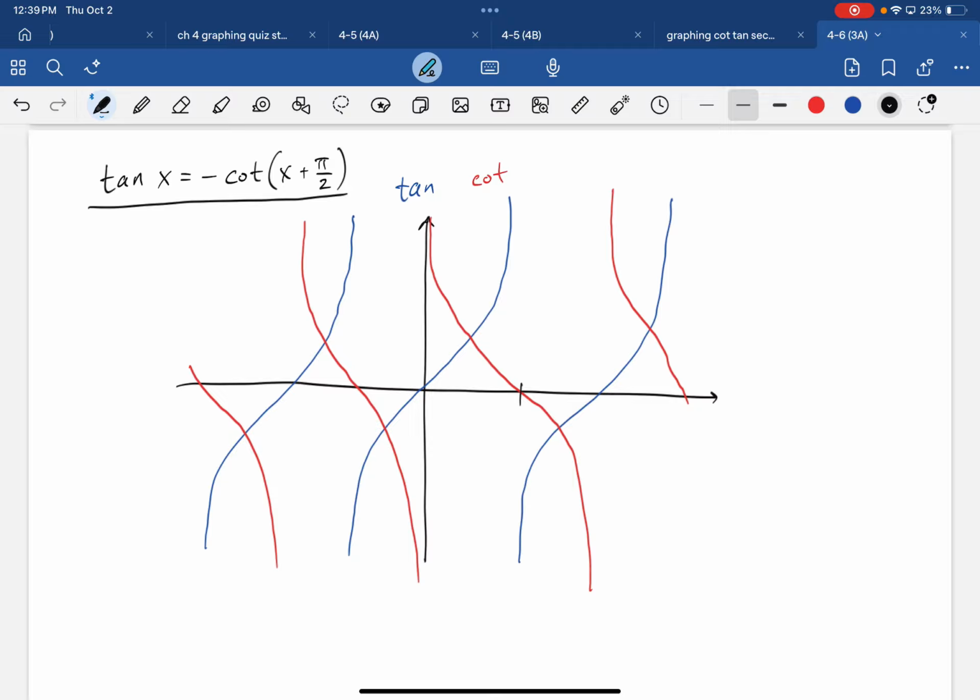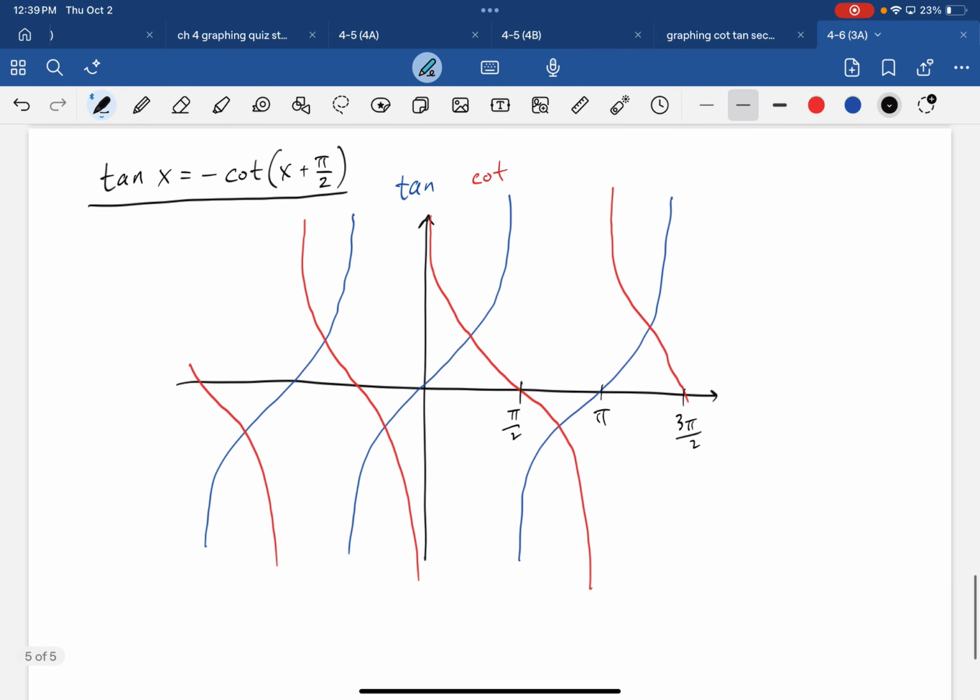No, that's fine. This is pi over 2. This is 3 pi over 2. And this is pi. This is negative pi over 2. And this is negative pi. And this is negative 3 pi over 2. Are you gonna draw the asymptotes, or is that just too confusing? It will be a bit confusing.